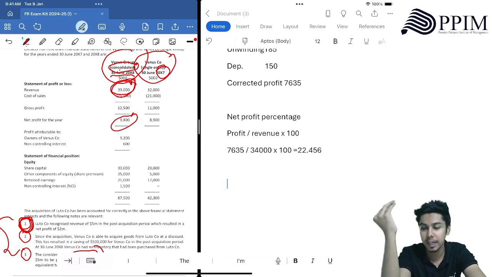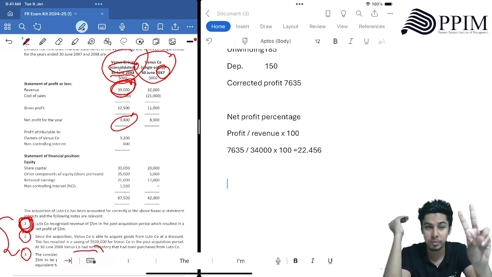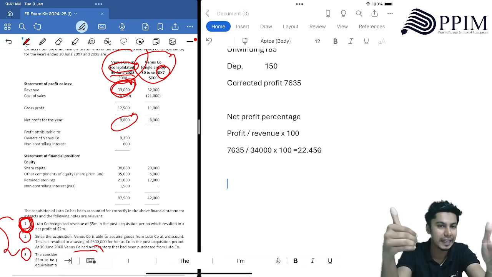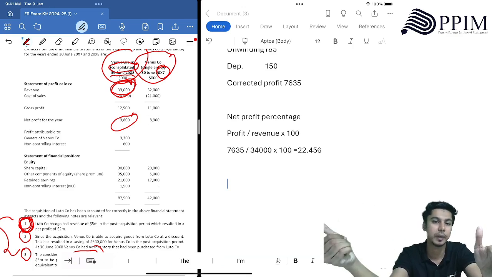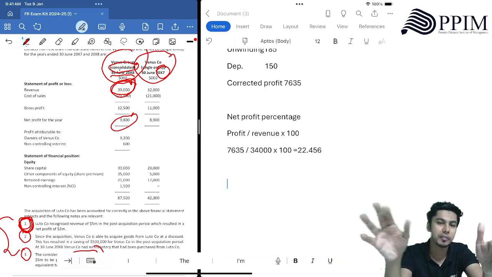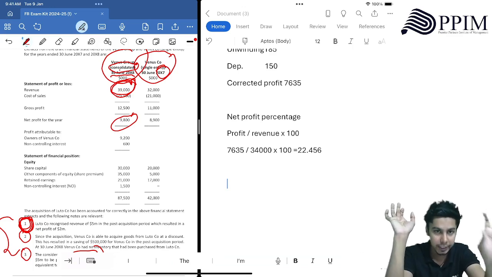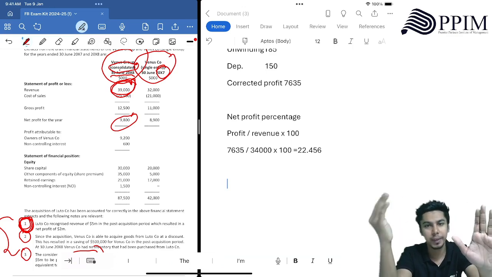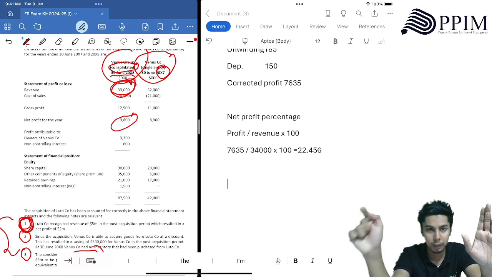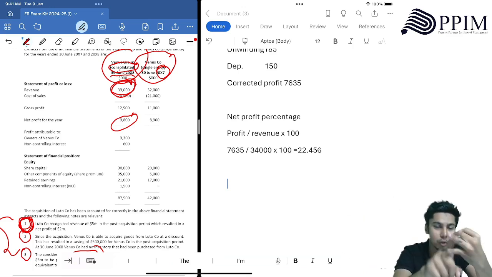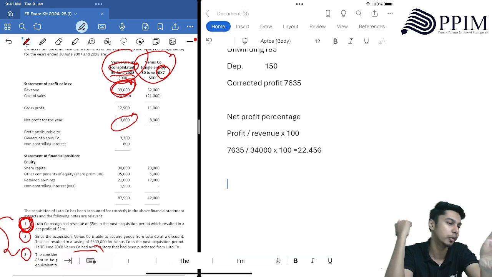So these are some other problems. Problem number one, individual SOFP will only have Venus's assets, liabilities, and equity. But consolidated SOFP will have Venus and Pluto's assets and liabilities. Equity will have the parent's equity plus post acquisition reserve. And also other items like NCI and goodwill will be in the consolidated SOFP but not inside the individual SOFP.